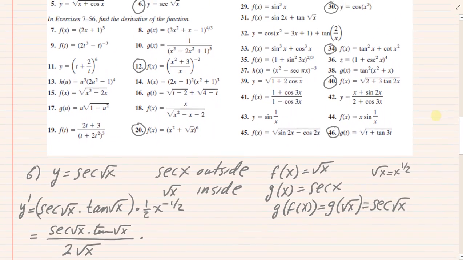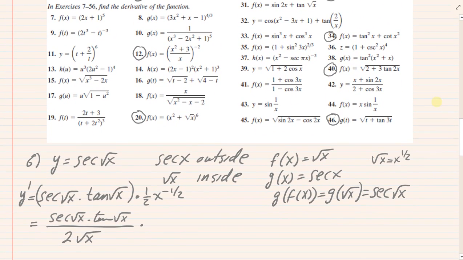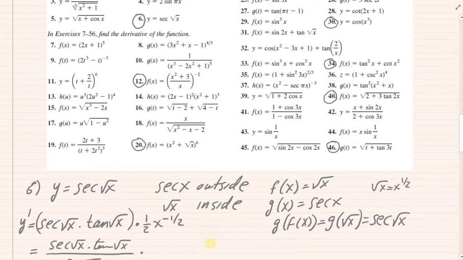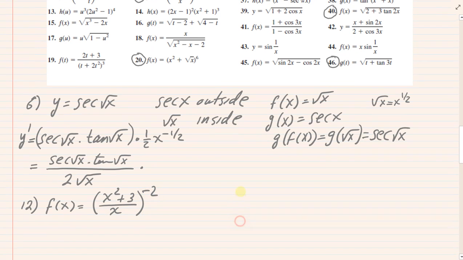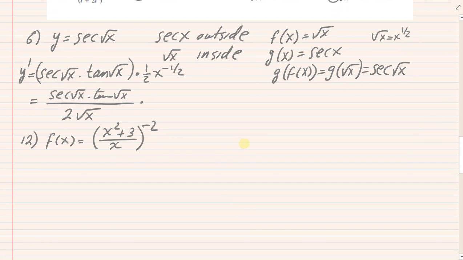Okay. Let's take a look at another one, number 12. Okay. In exercise number 12, I'm going to write it and scroll. This is f of x is equal to x squared plus 3 divided by x to the negative second exponent. Okay. So let's do the same thing. Let's identify the outside and the inside function.